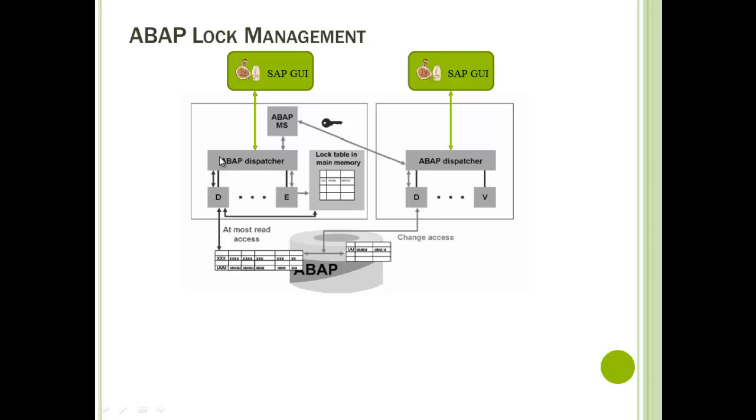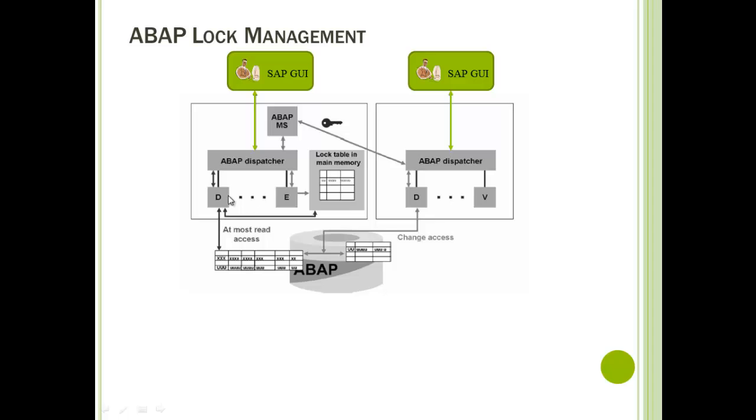It tells the dispatcher that it needs a lock for this specific table. Then the NQ work process will check the table, lock it, and communicate back to the dialog work process that it has been locked. At the same time, it will also validate whether the lock entry requested by the dialog work process is right or not.